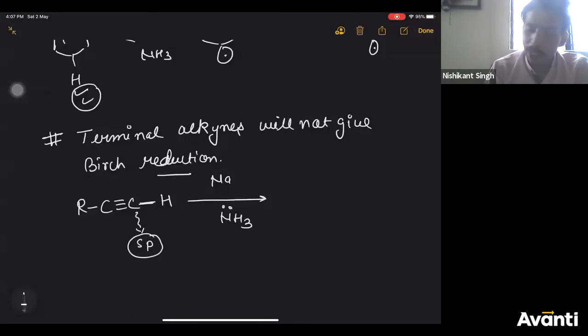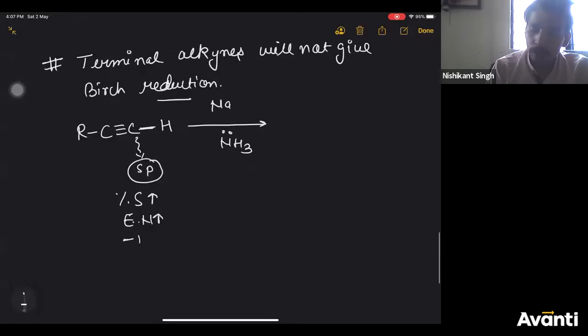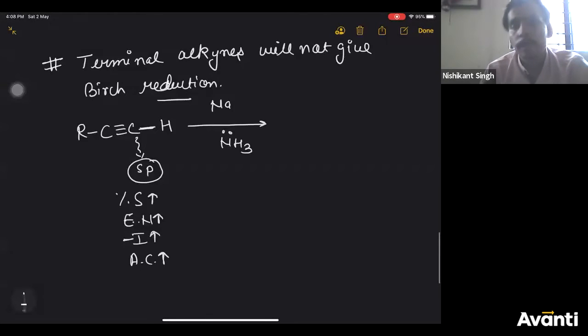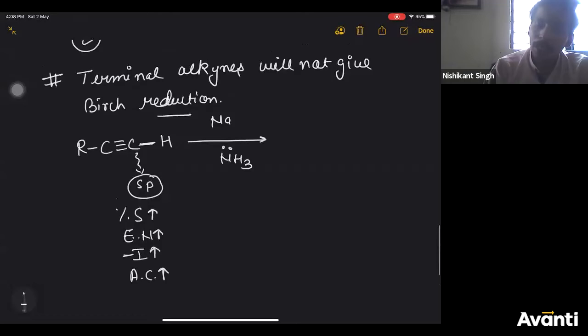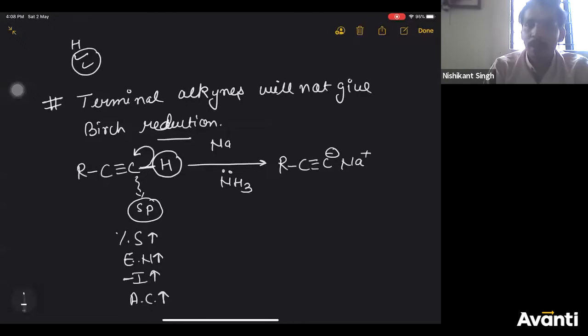If they are sp hybridized, the percentage s character is more, electronegativity is more, minus I effect is more, therefore acidic character is more. So with terminal alkynes, this hydrogen is acidic in nature. It will be lost as H plus, and you will get RC triple bond C minus, Na plus, right?